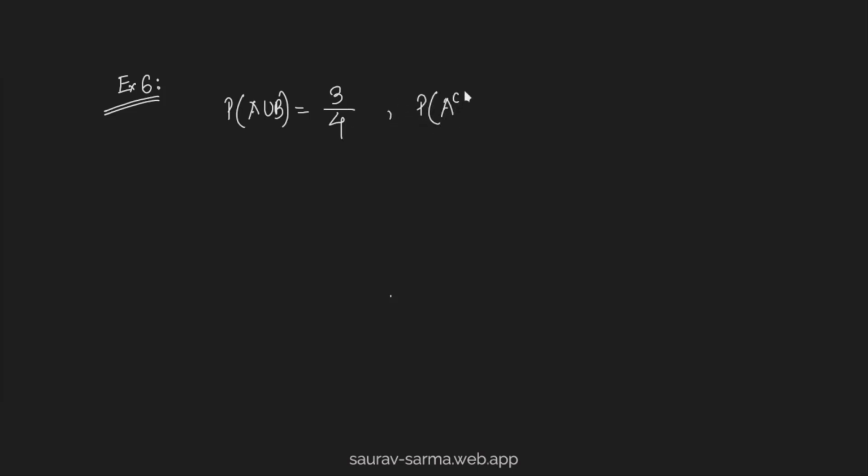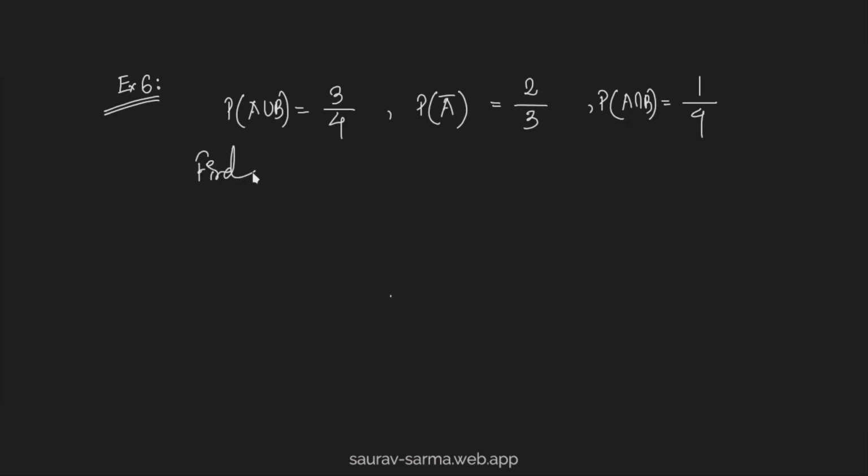Probability of A complement বা A bar, যি ধৰণৰ নিলিখা কিয় তোমালোকে, A bar is equal to 2/3. Probability of A intersection B is 1/4.